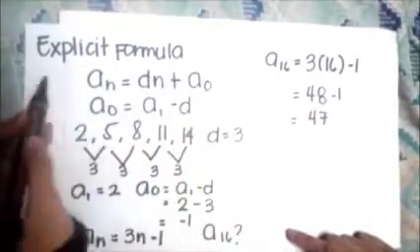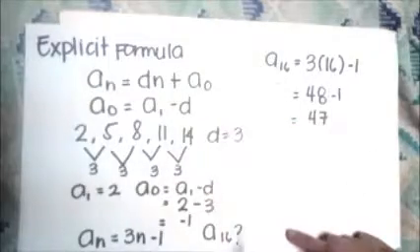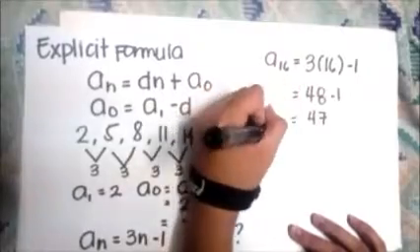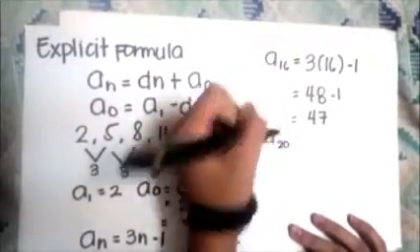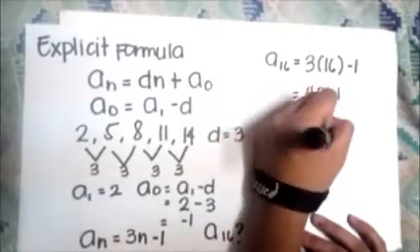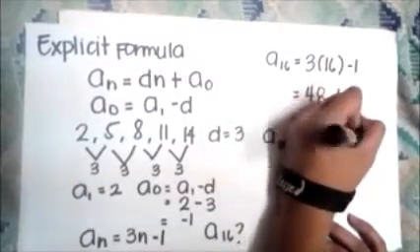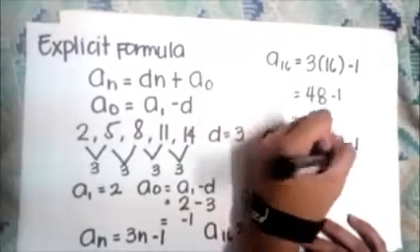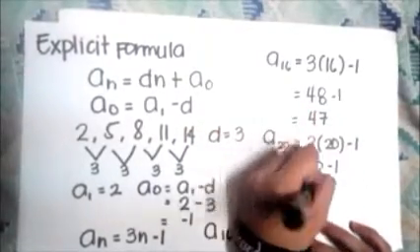By using the explicit formula, we get a sub 16. So, let's try another one. A sub 20. A sub 20 is equal to 3 times 20 minus 1. 20 times 3 is 60 minus 1 is equal to 59.